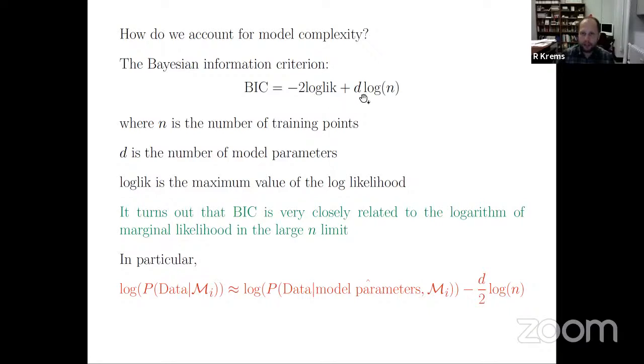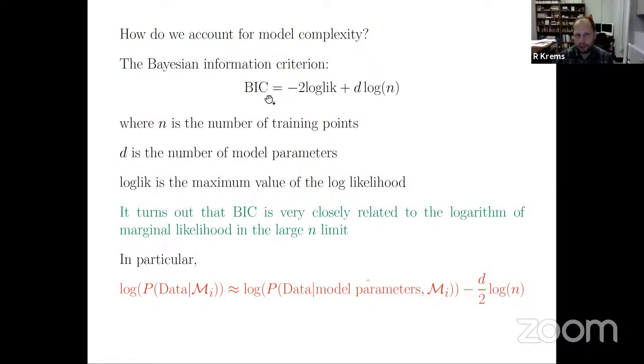And then there's an additional term in this equation, where D is the number of model parameters and N is the number of training points. So now you could use this as the metric to compare the models. This term here is going to penalize models with more parameters or more complex models.